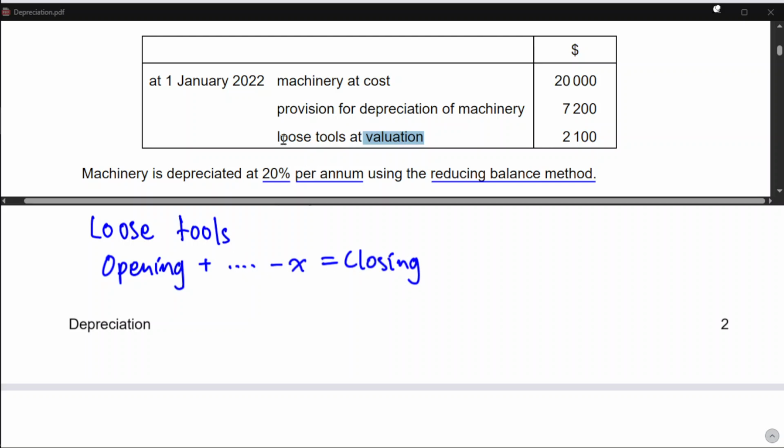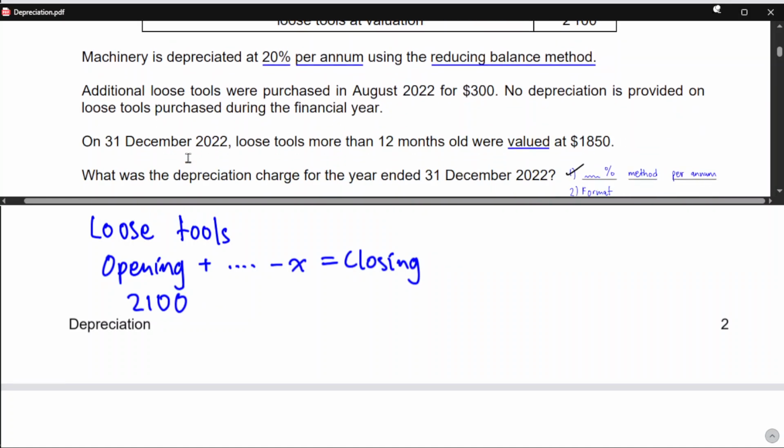Okay. So the opening is first day, right? So the opening is 2,100. Then continue. Okay. So this one is a purchase, right? So plus 300.